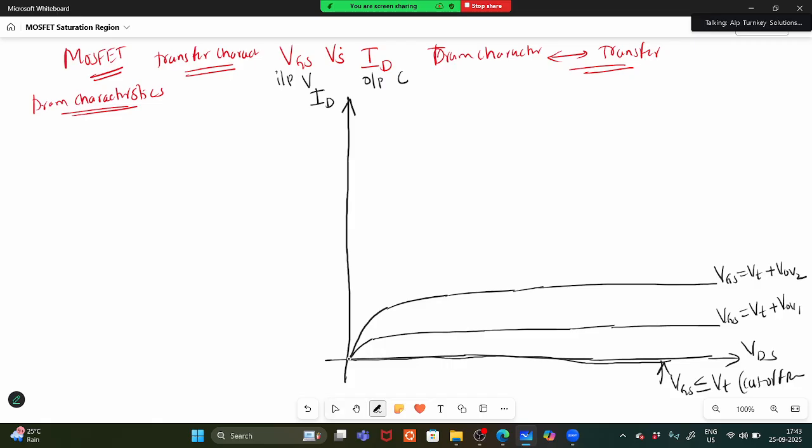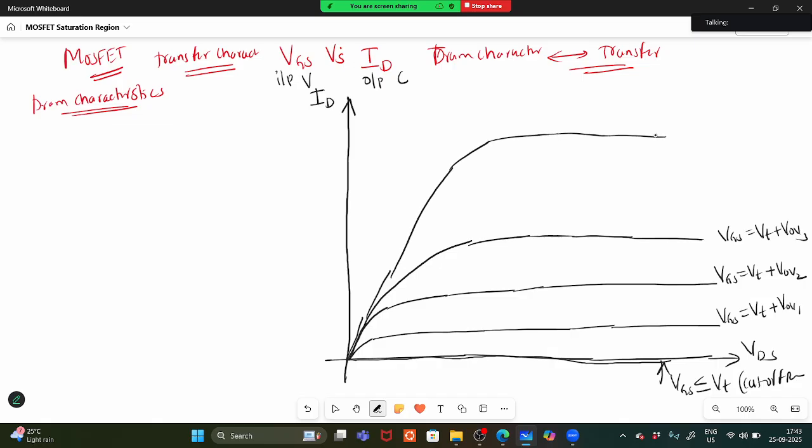And next we have one like this, VGS equal to VT plus VOV3. And next you have this, VGS equal to VT plus VOV3.